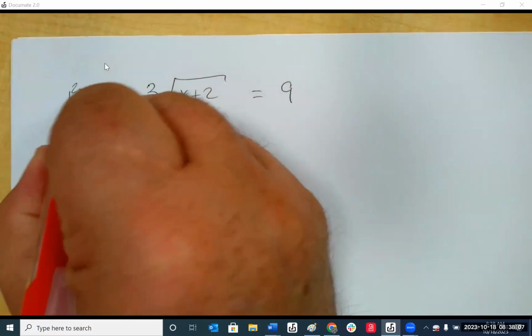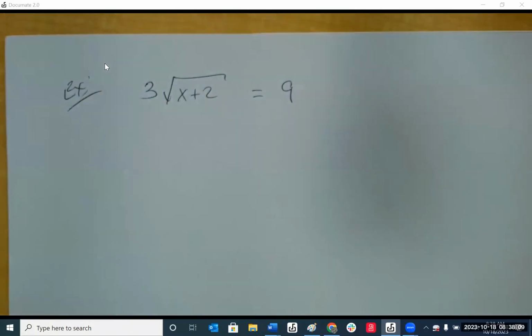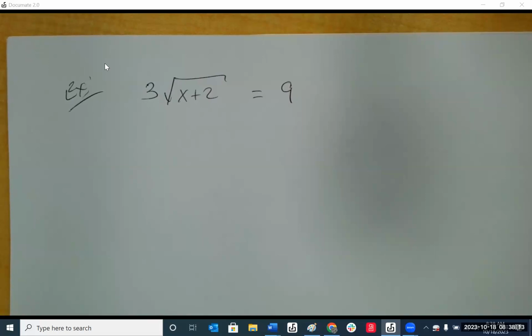Okay, here's another example. What's the first step? Look at the notes you just had there earlier. What's the first step of the process? Is the radical by itself? Nope. What's it got? A 3 in front.